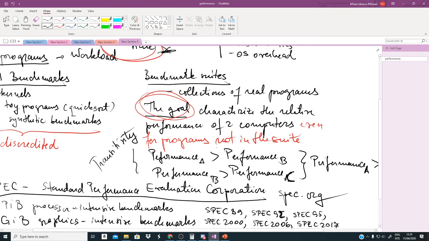But SPEC 2006 is also used in parallel these days. So we have SPEC 2017, but SPEC 2006 is still used in some instances.